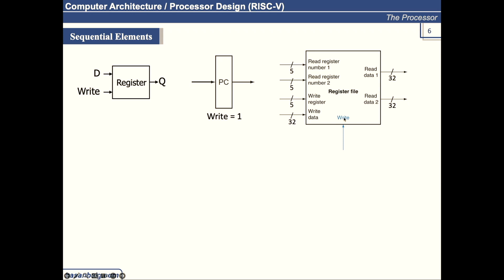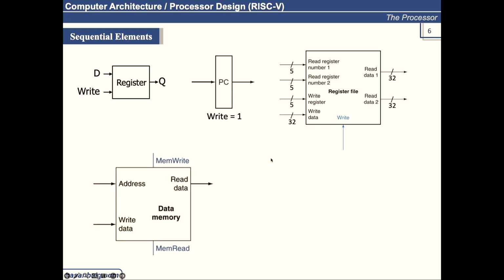So program counter, register file, and another required component is the data memory. When do we use this data memory? What instructions require us to access the data memory? Store and load instructions. In whatever instruction we are using, these control signals decide whether we want to read data from memory or write data into memory.